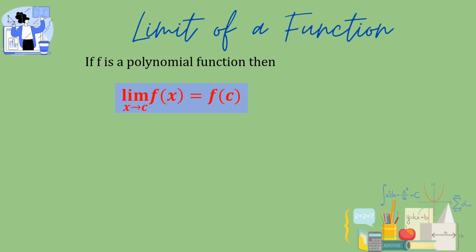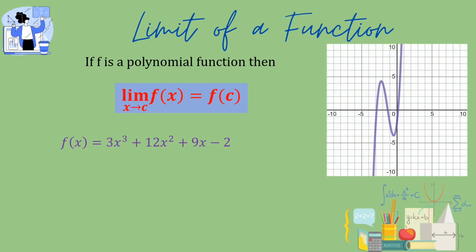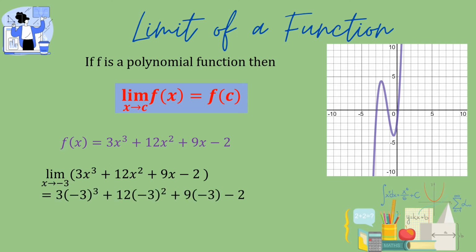As an example, given the polynomial function x cubed plus 12x squared plus 9x minus 2, we may refer to the graph to determine the limit of f of x as x approaches negative 3. Or we may also substitute negative 3 to x in the equation, thus obtaining negative 2.